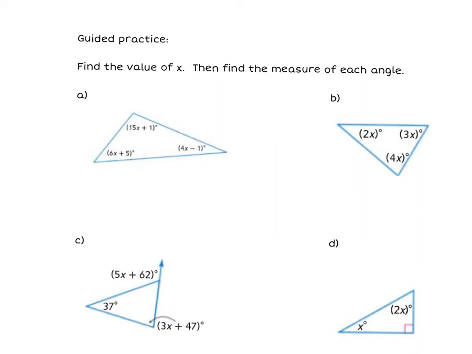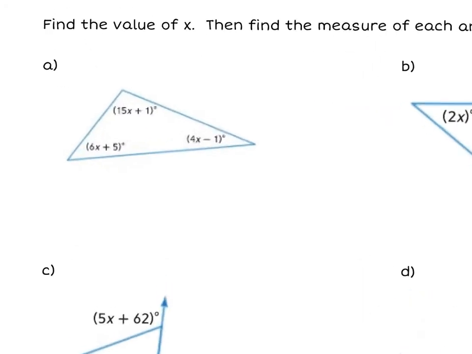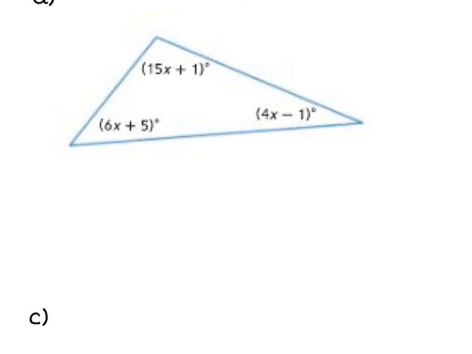All right, so for A we're going to use our internal angle theorem, internal angle rule, such that we have 15x plus 1 plus 6x plus 5 plus 4x minus 1 is equal to 180.